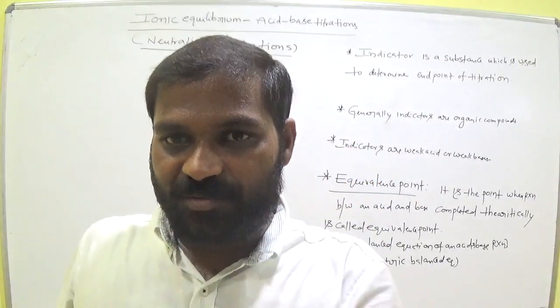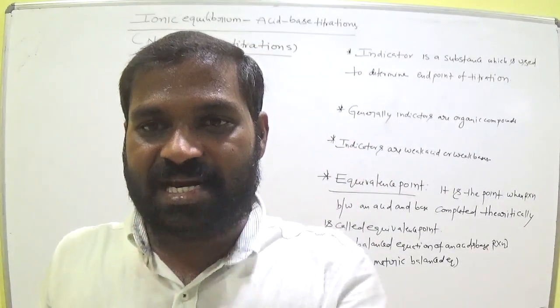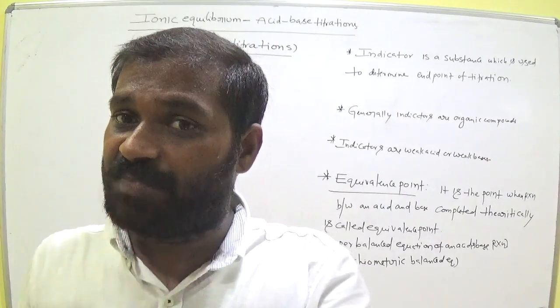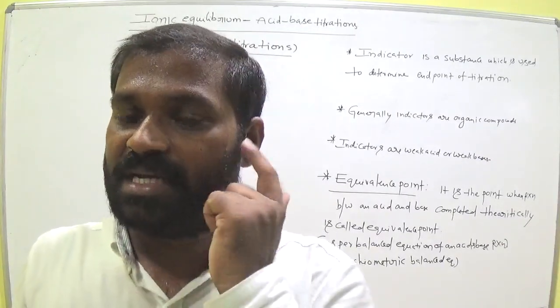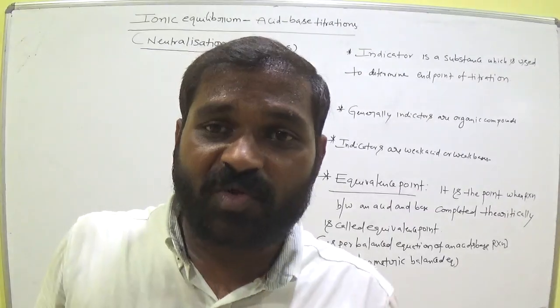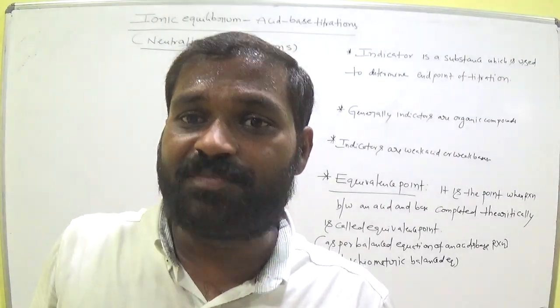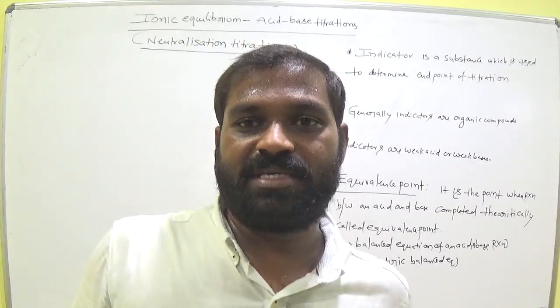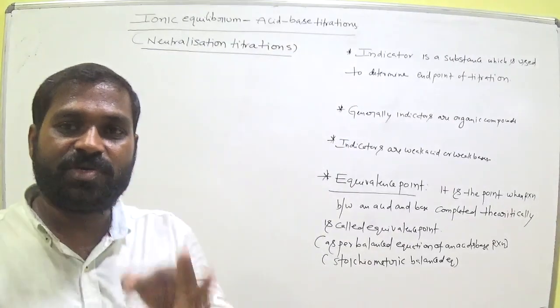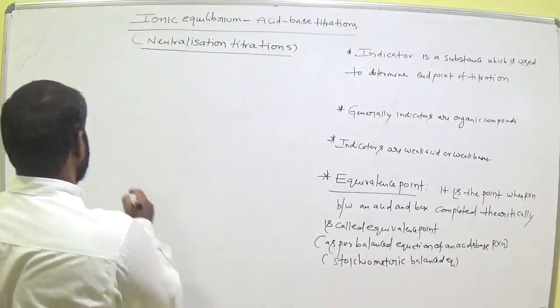In acidic medium, phenolphthalein indicator is colorless. At a particular pH, at the end point, its color suddenly changes to pink. That is the end point. So without phenolphthalein indicator, we can't identify the end point. You should remember that. The indicator is useful to identify the end point.